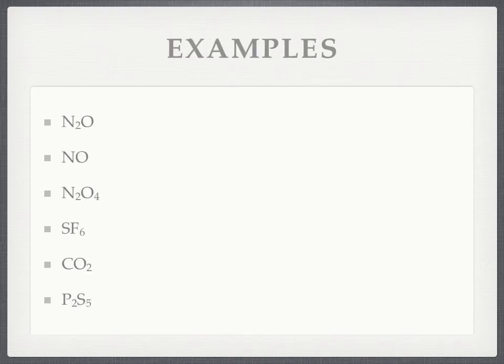Alright, so let's name these. Let's look at the first part of the first one, the first element. It's nitrogen, and there are 2 of them, so we say di: dinitrogen. For the second one, we always want a prefix, so we say mono. Usually we don't put 2 O's in a row, so it's just monoxide.